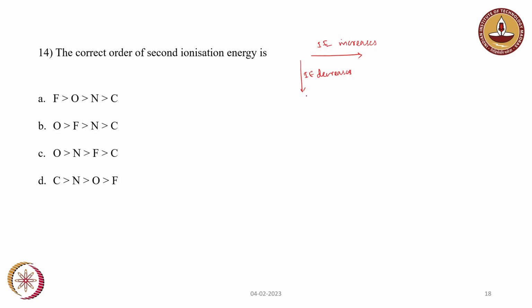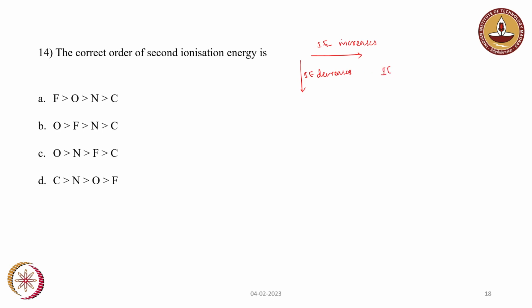When we move down the group, the size of the elements is increasing, so the effective nuclear charge is decreasing down the group. So it's easier to remove one electron from larger elements compared to smaller ones. So when we move down, size increases, so ionization energy decreases.